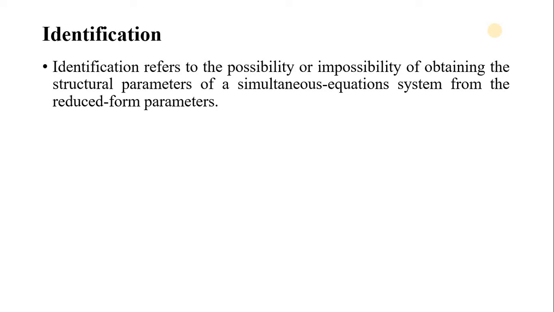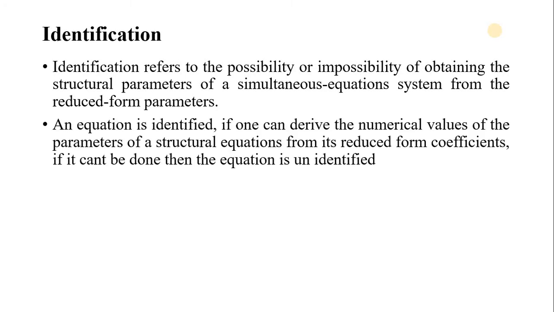Identification is checking whether we can derive the coefficients of structural equations from a reduced form equation, whether it is possible or not. Identification is a process of checking the possibility or impossibility of obtaining the structural parameters from the reduced form parameters.